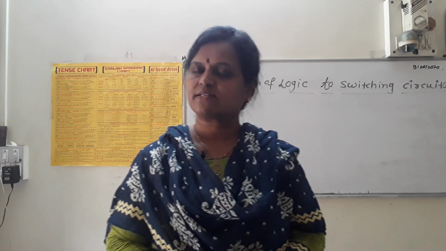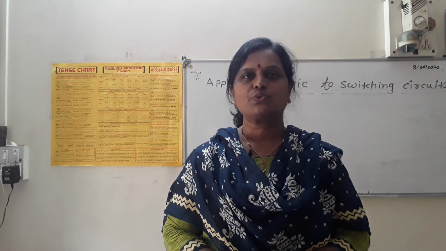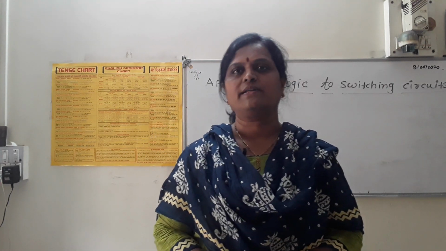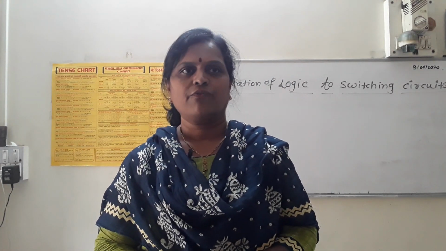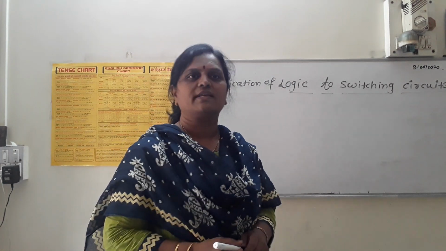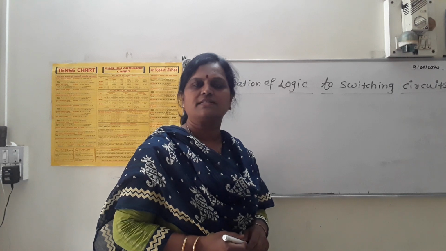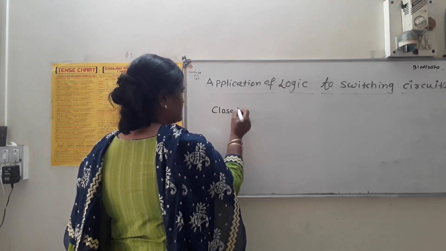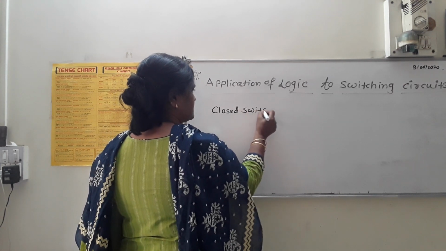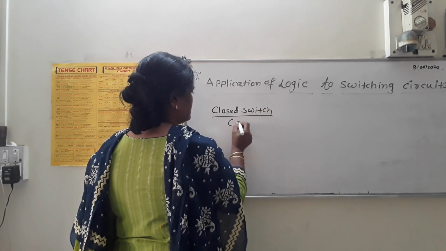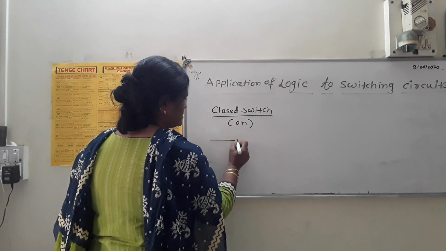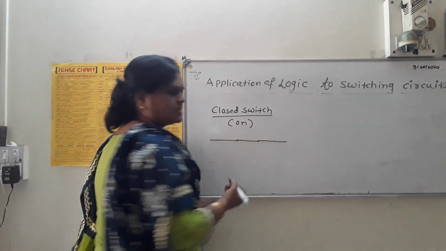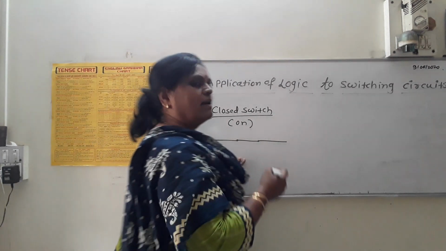A switch is a two-state device used to control the flow of current in a circuit. When the switch is closed, current flows in the electric circuit. That is on. This is a closed switch.